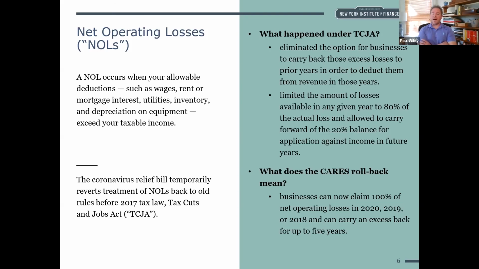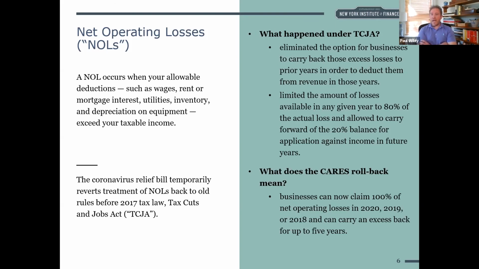However, there is now a limitation on the amount that you could bring forward. So what that means is, as soon as a company is profitable, the NOL can only offset 80% of the taxable income that it generates. And as a result, they would now continue to incur tax on the 20% of their income, even though they may have had losses in excess in prior years to offset that.